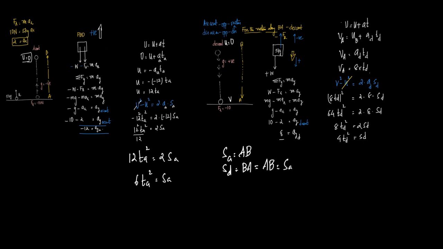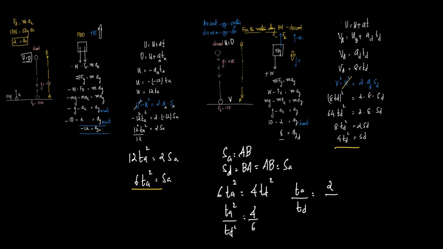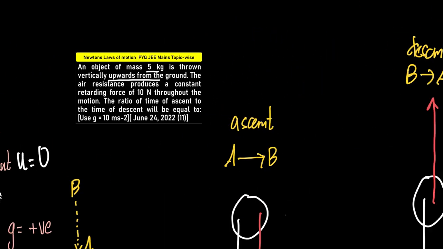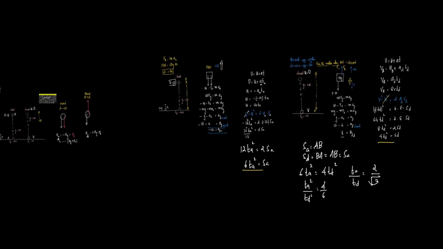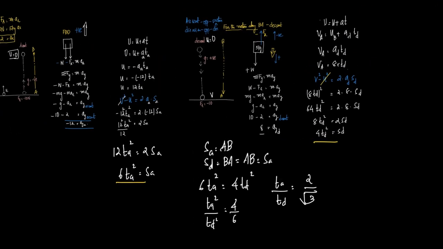So SD is equal to SA, which means we can equate these two equations, and therefore what we get is 6 ta square is equal to 4 td square, or ta square upon td square is equal to 4 by 6, and therefore ta by td is equal to 2 by root 3, which gives us the correct option as, okay, I don't have the options here, so the correct option would be 2 is to root 3.